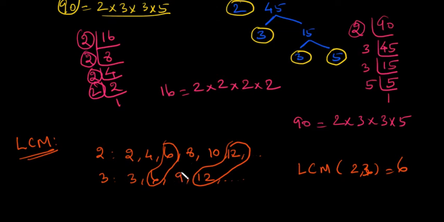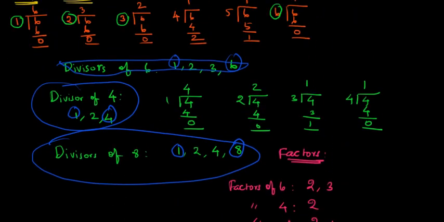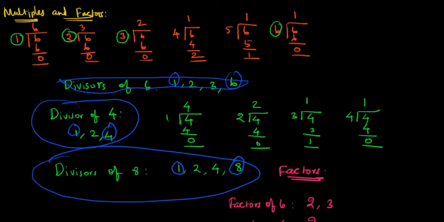This is the common method to find the least common multiple. But when you have a bigger number, can we find the multiples of that bigger number easily? No, it takes time. So what do you do? You can use another method, prime factorization.